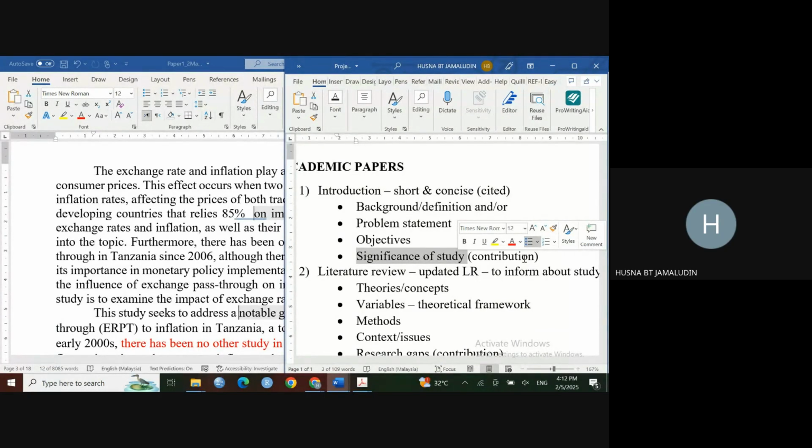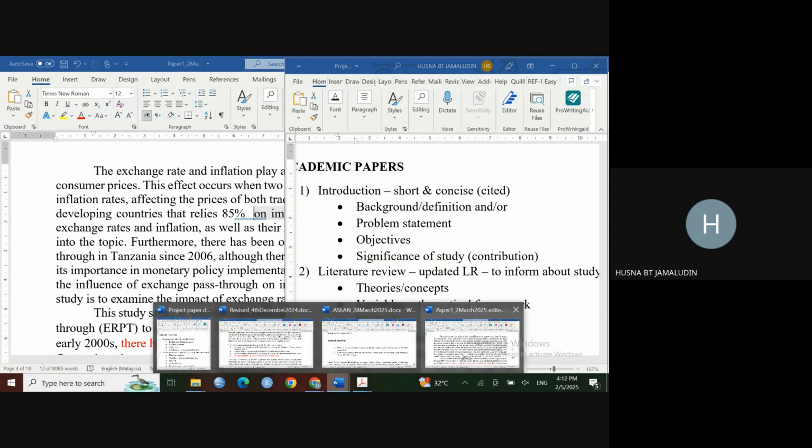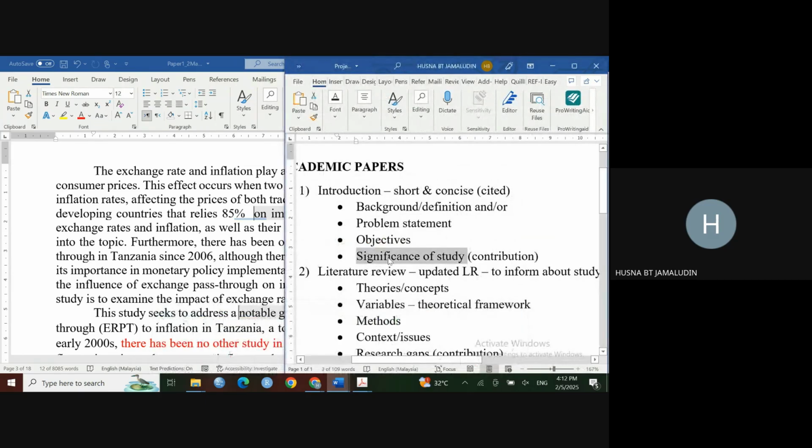So this is also to tell that there is a reason for you to conduct a study, the significance of your study. When I comment, tell me the significance of your study, many people come out with different things, but they don't understand the meaning of significance of your study. It is to show the contributions of your study to the existing literature.